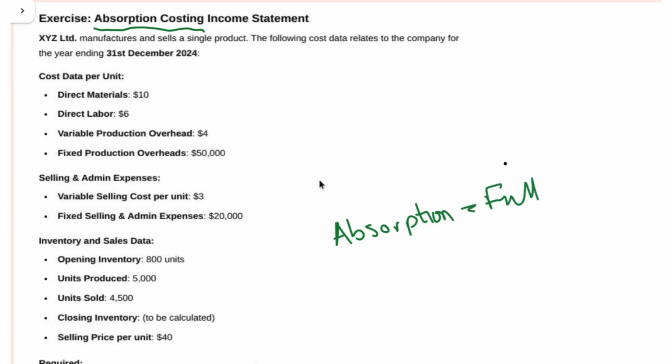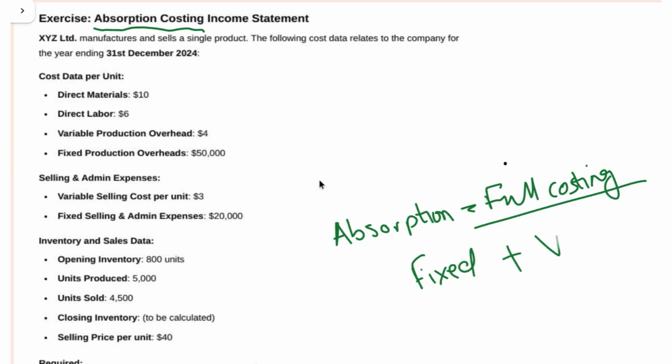Full costing means we take into account both fixed cost and variable cost when finding our cost of production. In this case it's cost of production because we are manufacturing the goods ourselves.